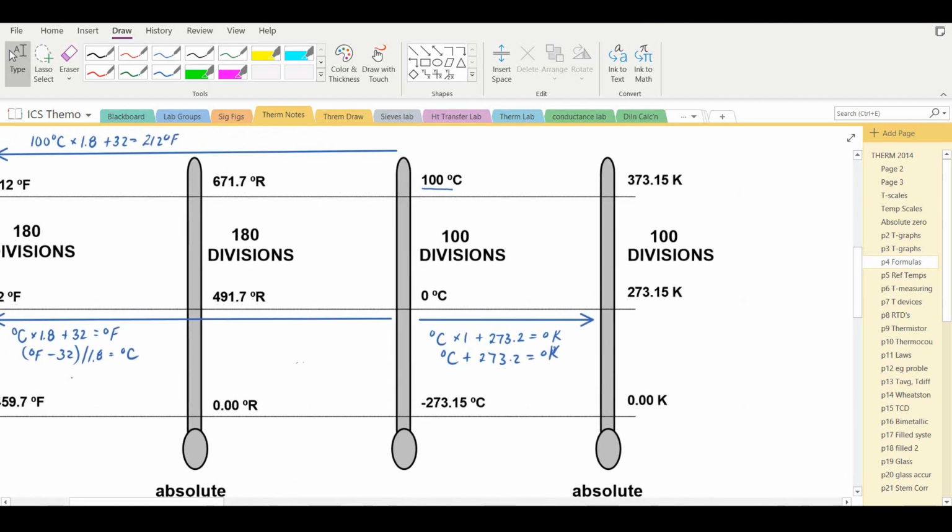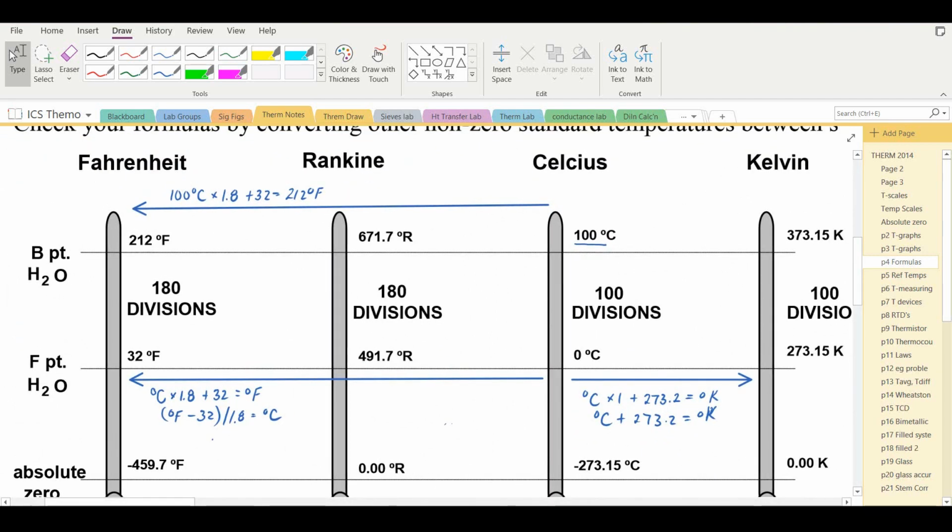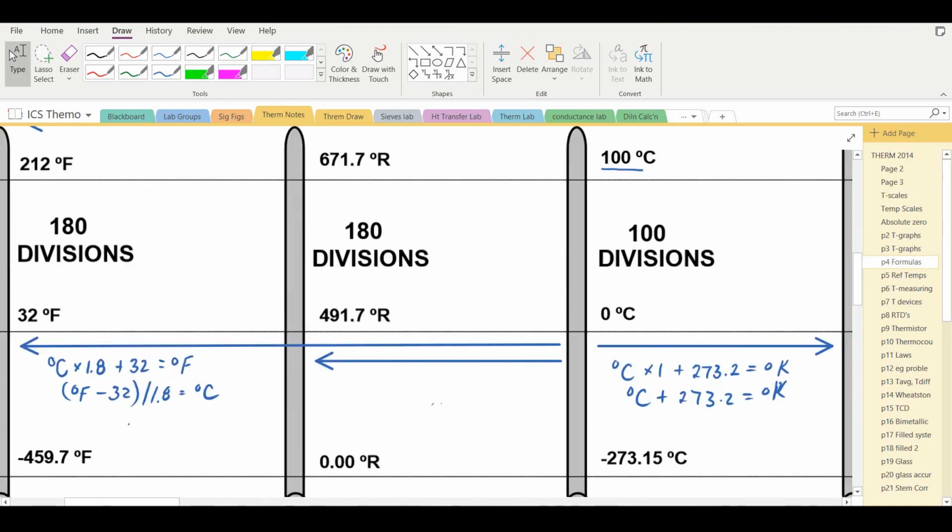Let's try another one. Let's say you wanted to convert from Celsius to Rankine. We start at 0 on the initial scale, degrees Celsius, and multiply or divide by a sensitivity factor. In fact, the Rankine scale, like the Fahrenheit scale, is more sensitive than the Celsius scale by a factor of 1.8, so we multiply by 1.8.